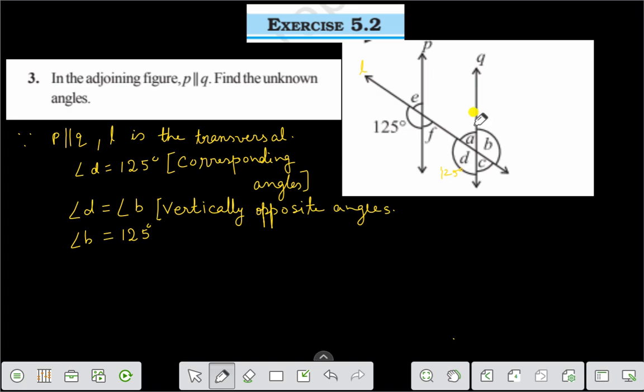Now, here you see that angle A and angle B are on the straight line.